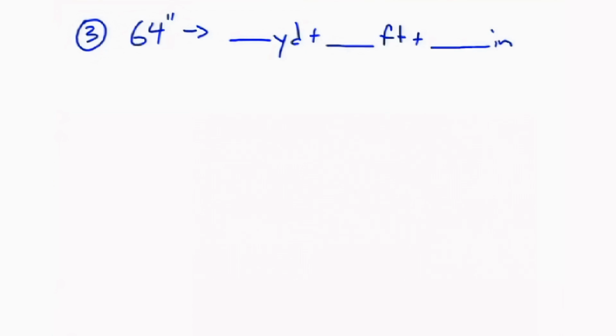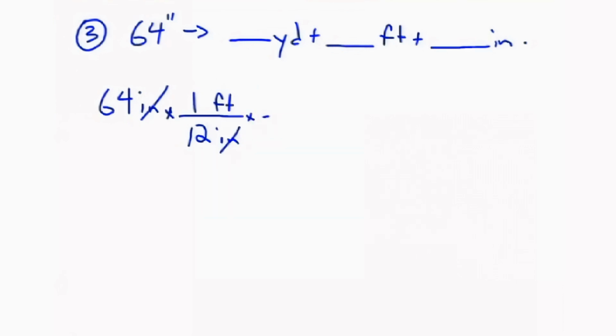And if we want to see how many whole yards that is, we can start off with 64 inches times 12 inches in 1 foot. My inches are gone. And now I want to replace my feet, and we have 3 feet in 1 yard. And you notice that I put my factors and my labels together. As soon as you get the hang of that, I think it'll come pretty easy.